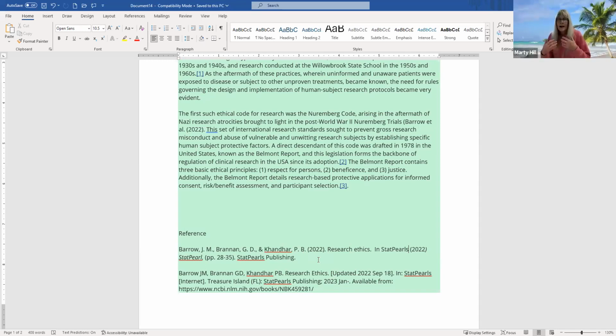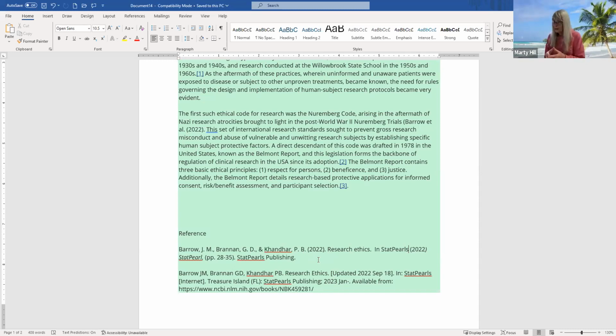Whenever I go to a reference because I want to learn more about that topic, I will know immediately by looking at how that reference is formatted whether it's a book chapter, a journal article, if it's non-peer reviewed, a website, a blog posting, things like that. Just by the way that reference is formatted, the reader will know immediately what type of literature it came from. So that's why it's really important to learn this APA formatting right off the bat.